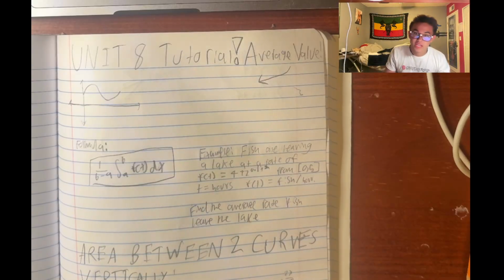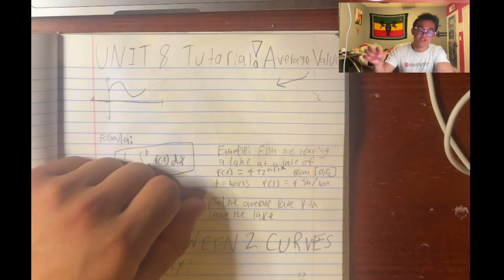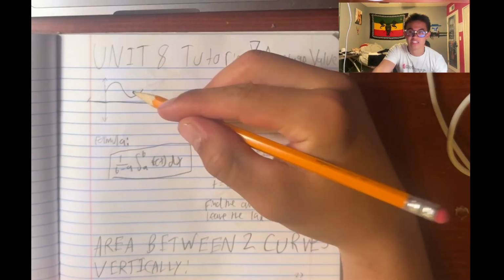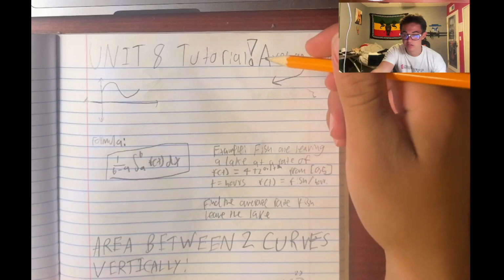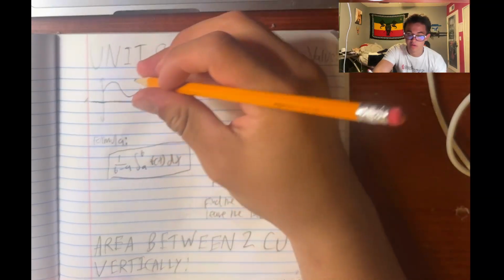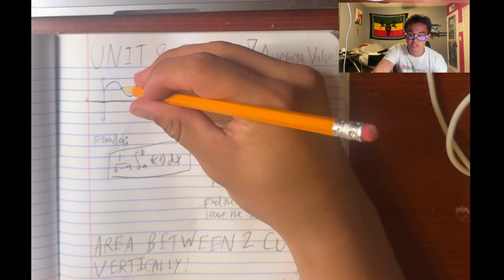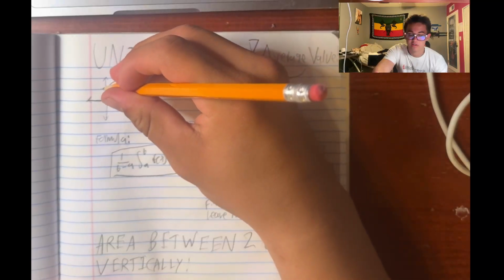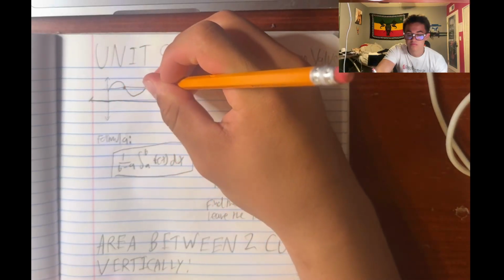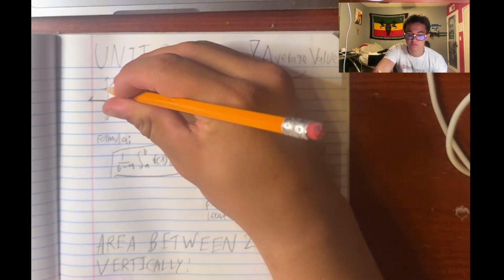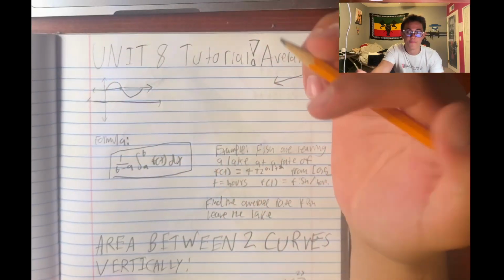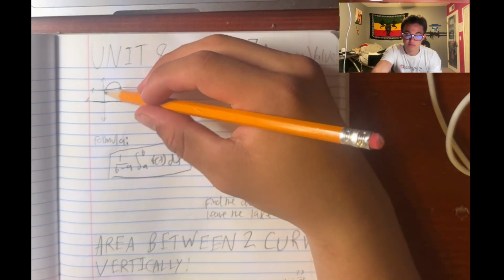The first thing you learn in Unit 8 is something called average value. What's average value? Let's say you got a function just like this. Average value is basically the point on this function which is equal to the average y value of the curve. So for this curve, it would look something like that.